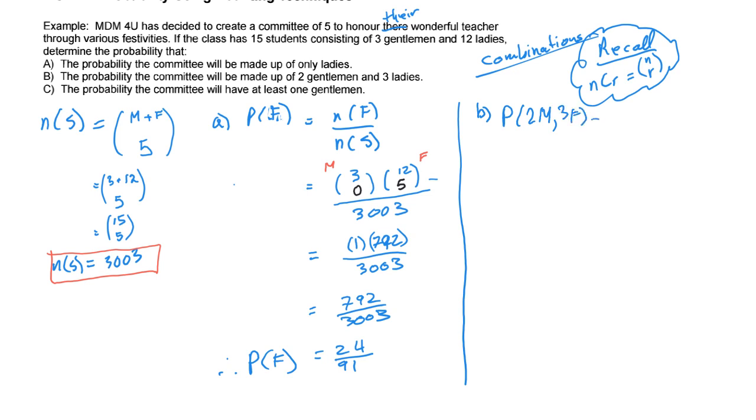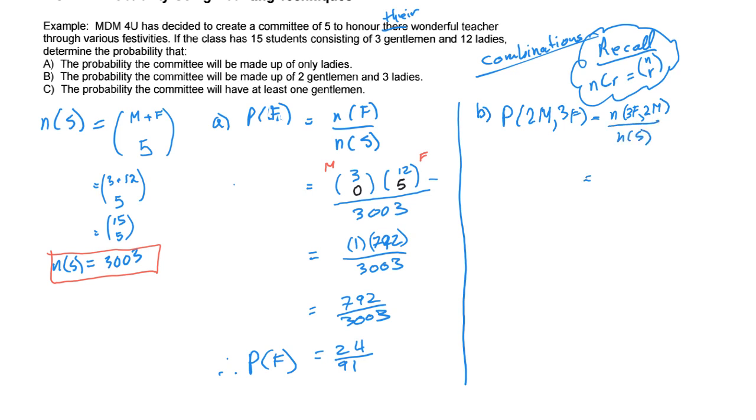Well, that is literally the n of 3F and 2M, or 2M and 3F. It's up to you. Divided by n of S.